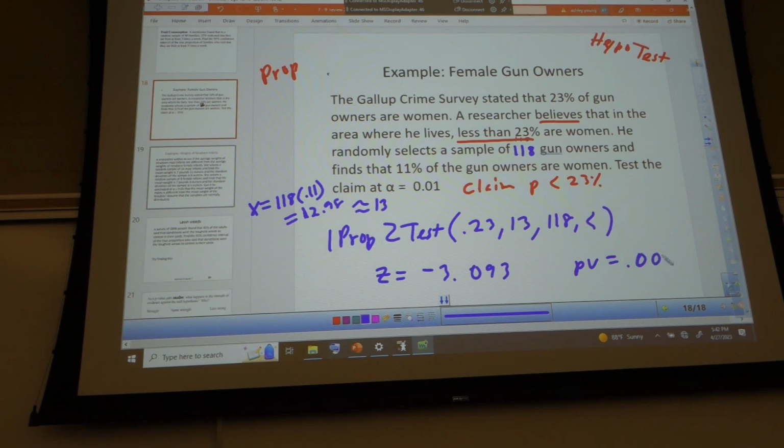If you put greater than, you get the opposite. That's okay, no worries. The p-value is 9.903 E negative 4. We're going to get to that in a minute.